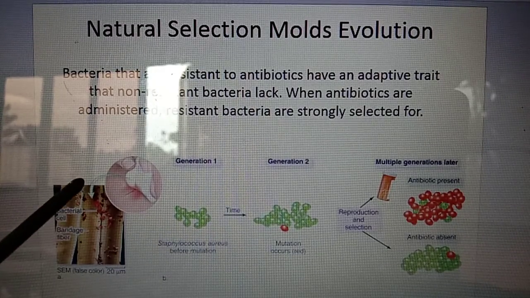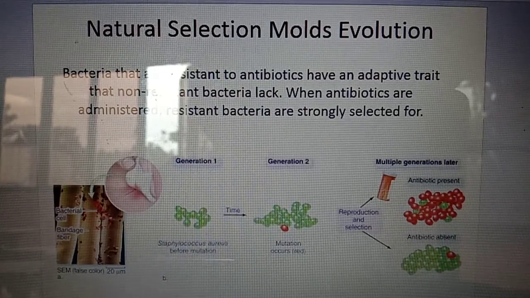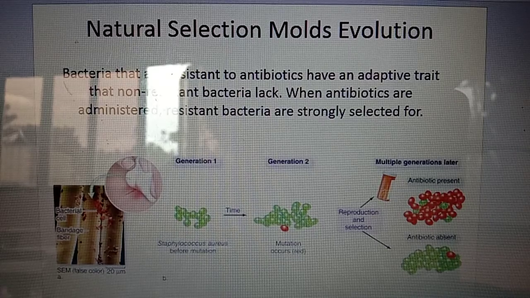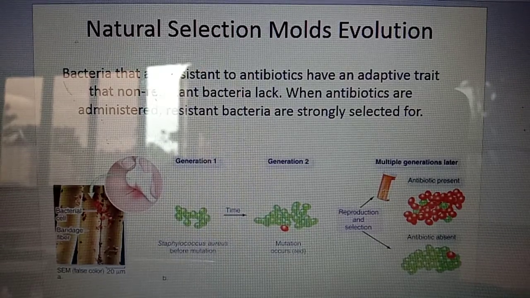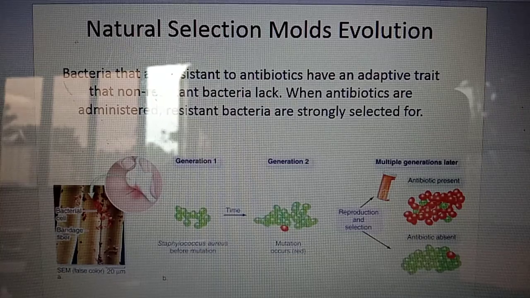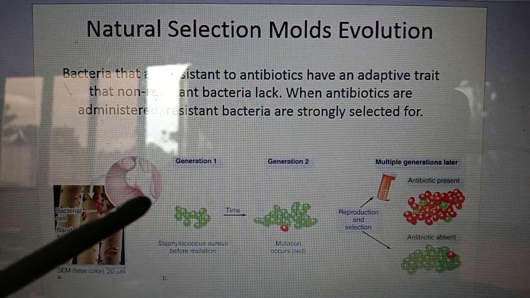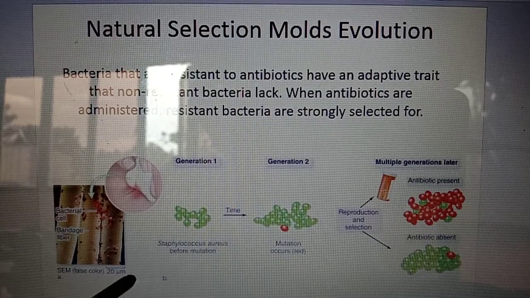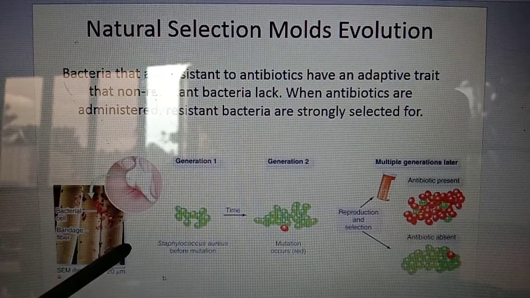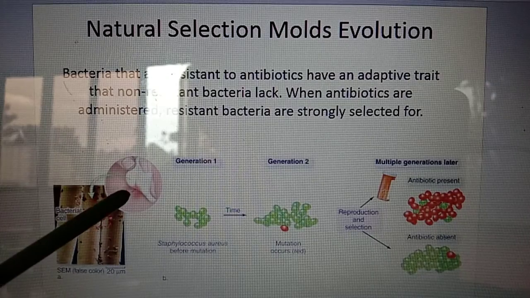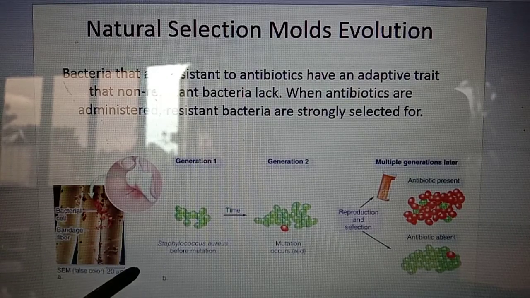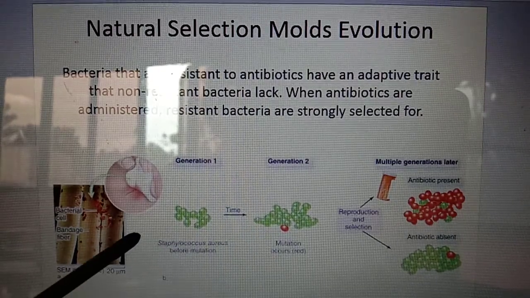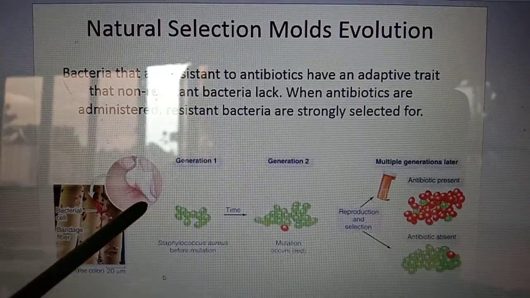Have you heard that when you have taken an antibiotic before, you should tell your doctor so that he may know what kind of antibiotic you are going to take now, because maybe your body is resistant to the same antibiotic that will be given to you.